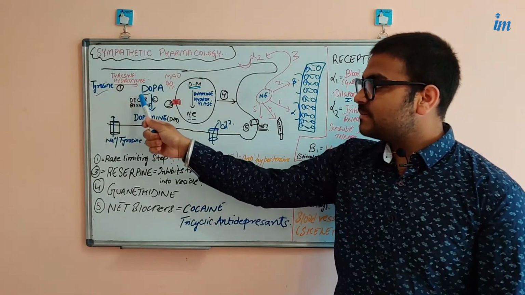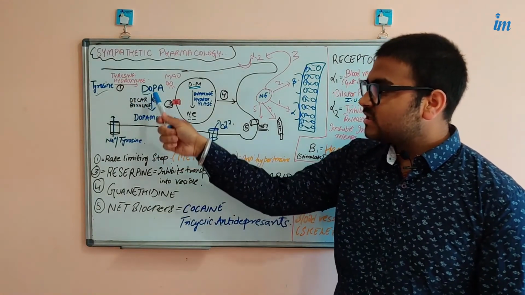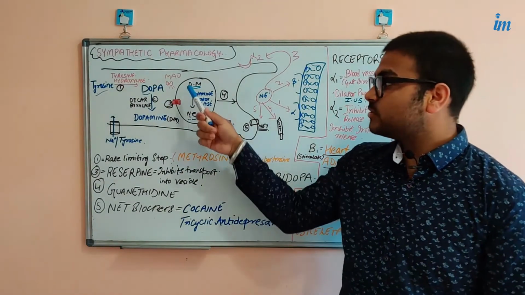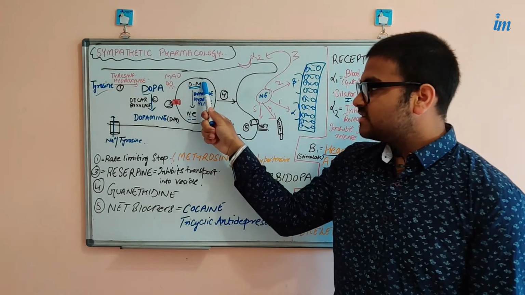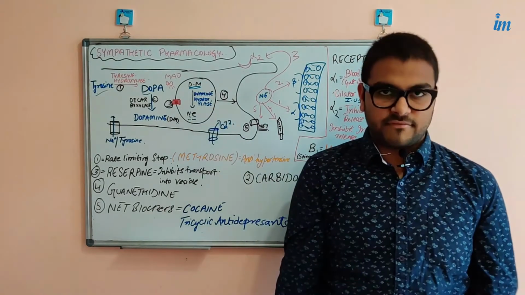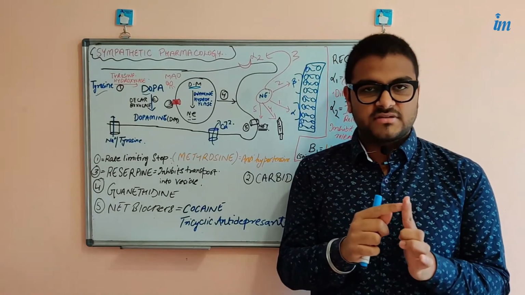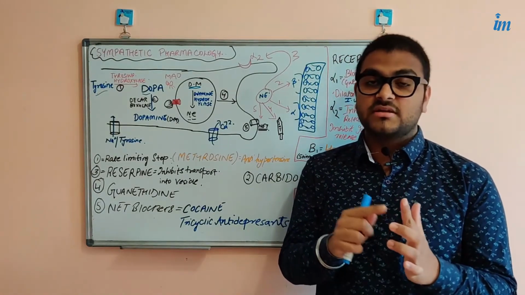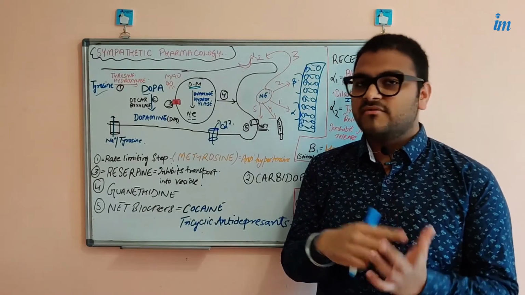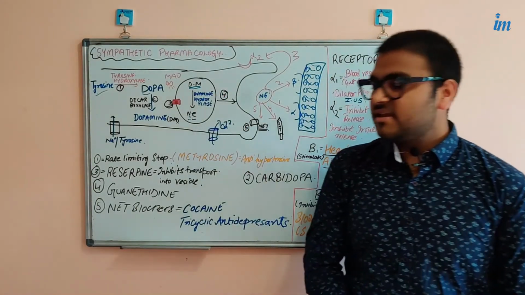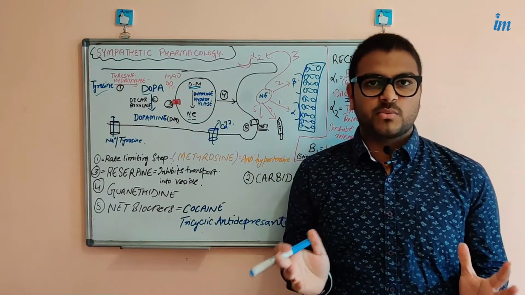The second enzyme is decarboxylase, converting dopa to dopamine, and the third step is again a hydroxylase enzyme converting dopamine, that is DM, to NE, norepinephrine. So you should remember it in series: first hydroxylase, then decarboxylase, and then again the action of hydroxylase.